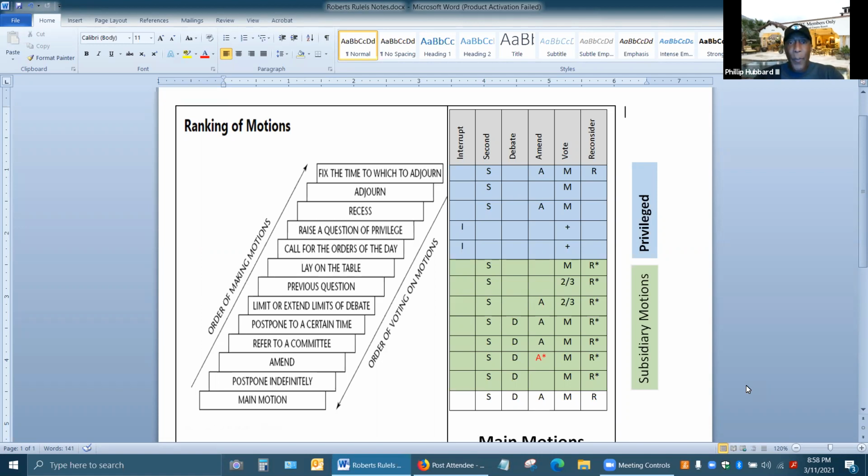Raise a question of privilege. Again, this is another area where someone within the assembly might say, I ask for privilege, chair, and the chair may ask, what is your request?